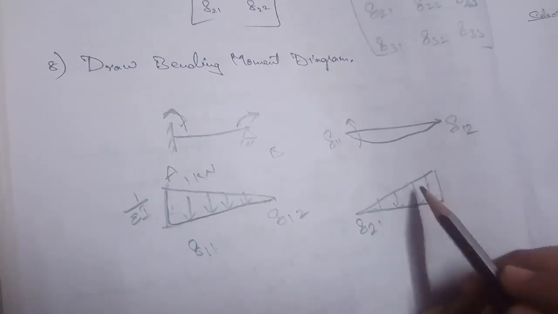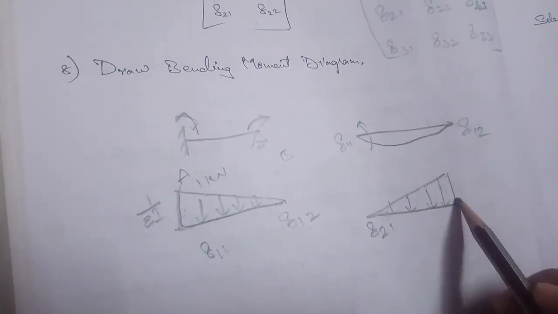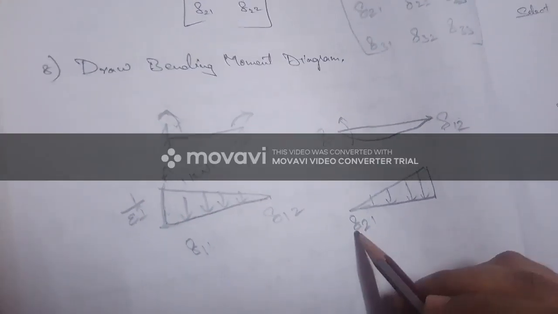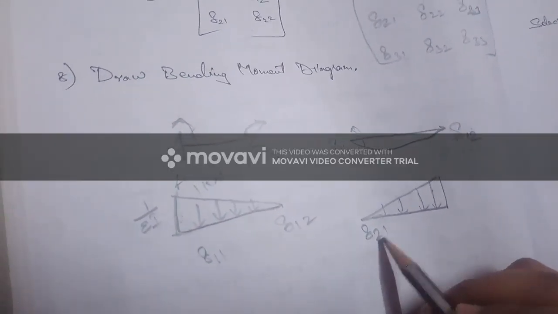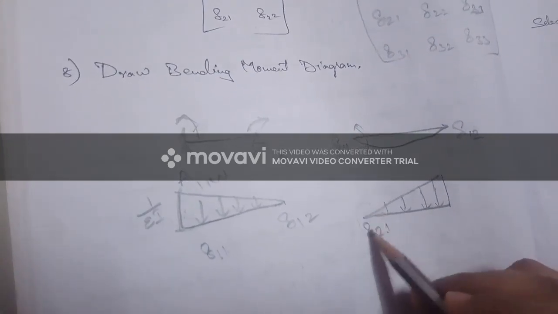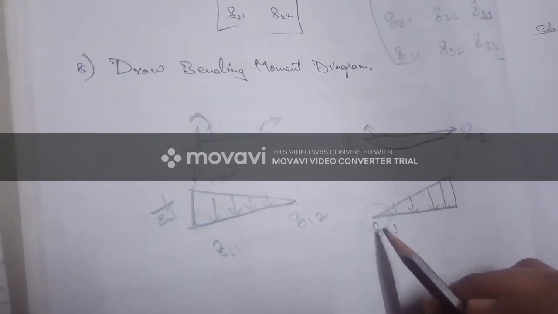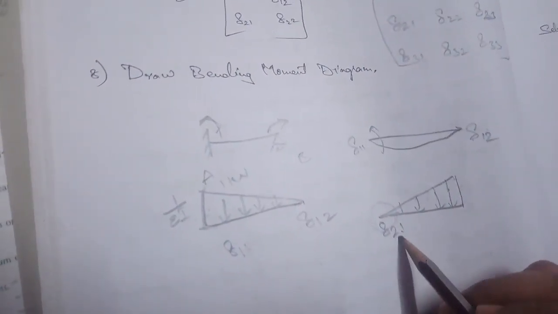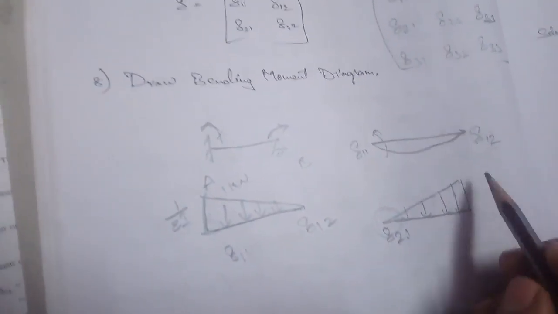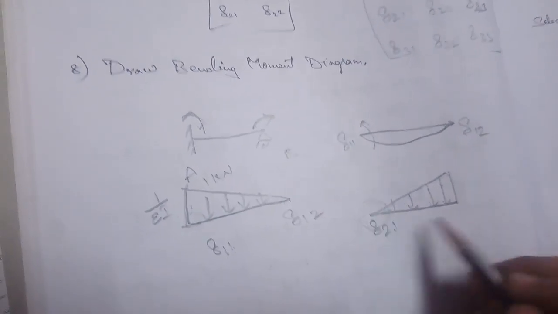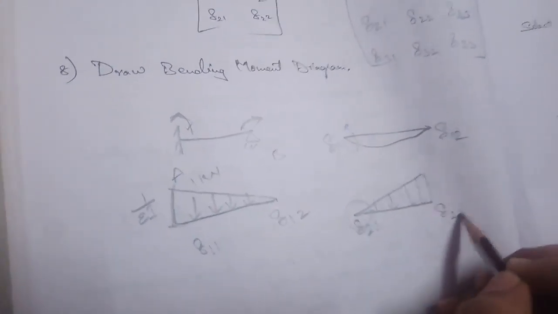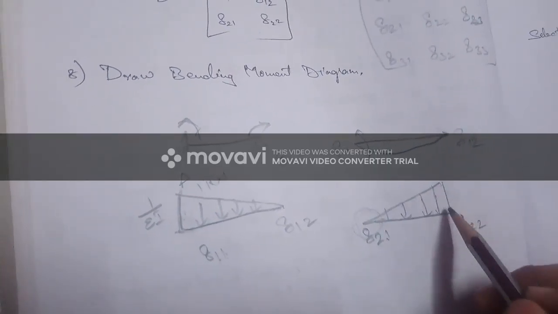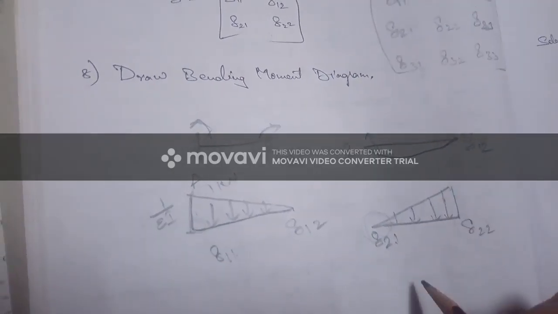This is the second displacement which occurred due to the application of load at B, and hence delta 21 is second displacement, first force. Whatever reaction happened at point A, or the first force, due to the second displacement is considered as delta 21, whereas delta 22 is nothing but the second displacement with respect to the second force.